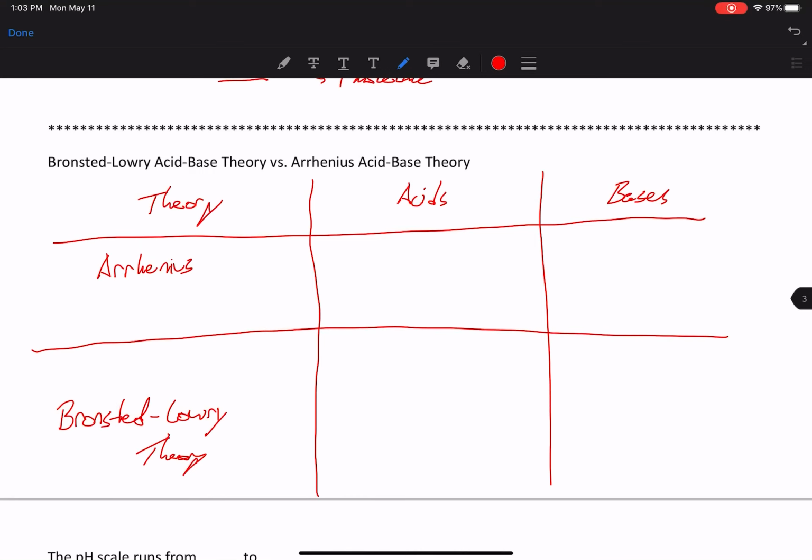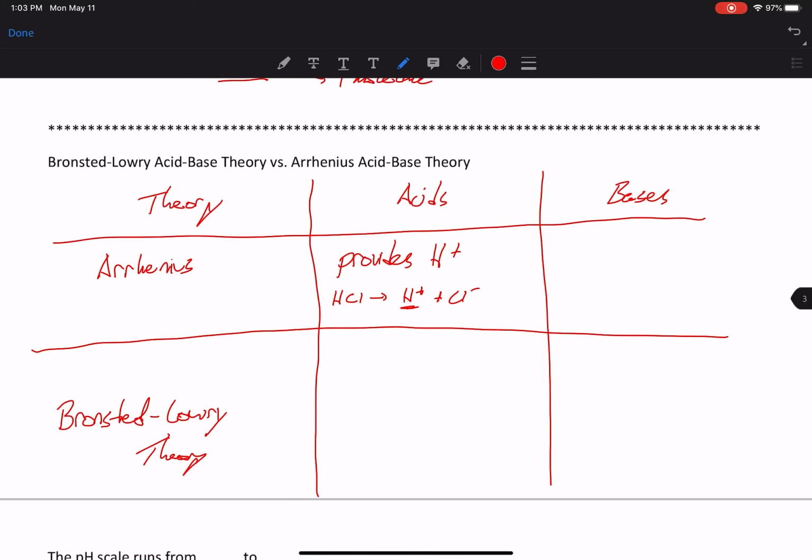All right, now an Arrhenius acid provides H+ ions in solution. So for example, HCl, this is an Arrhenius acid because you dissolve it in water, you get H+, Cl-. So these H+ ions are indicative of an acid.